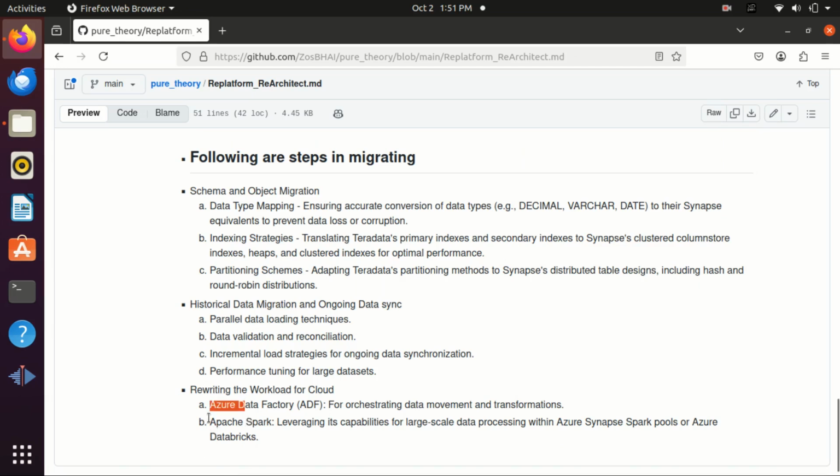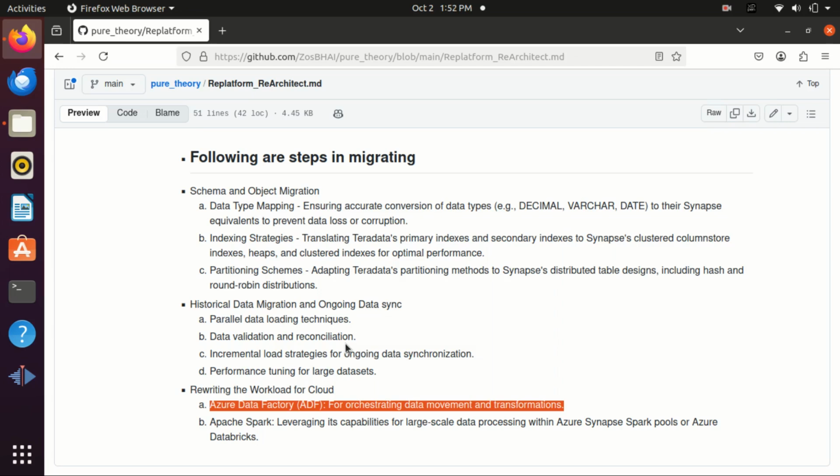And all this will be orchestrated using Azure Data Factory. The point is, all this would be a lot of rewriting, a lot of development and a lot of testing. This incurs time and resources.